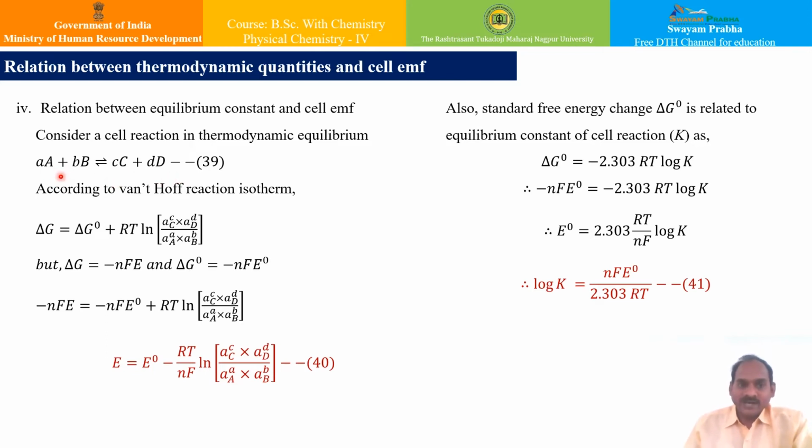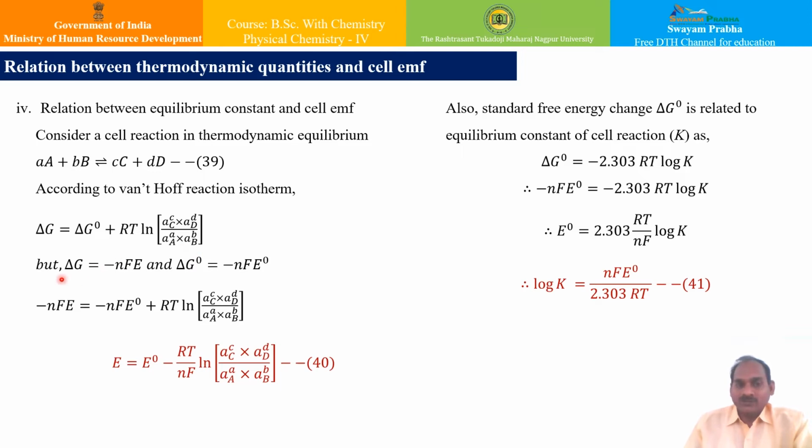So this is the reactant side and this is the product side. Now according to the Van 't Hoff reaction isotherm, I can write that delta G is equal to delta G standard plus RT ln of the activity of products upon the activity of reactants.